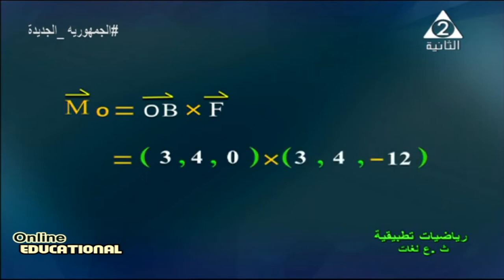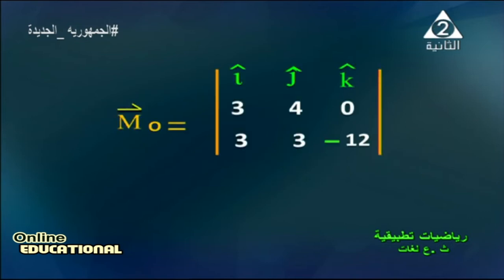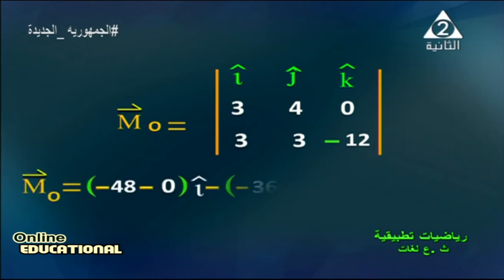Now, the moment of the force F about O is vector MO, which equals vector OB cross vector F. Vector OB (3, 4, 0) cross vector F (3, 4, negative 12). Now, vector M about O equals the determinant of i, j, k; 3, 4, 0; 3, 4, negative 12.